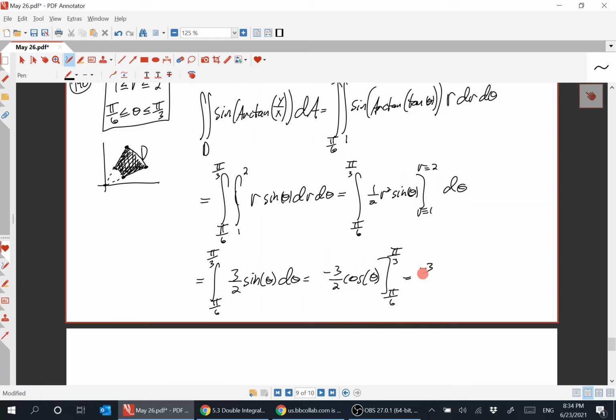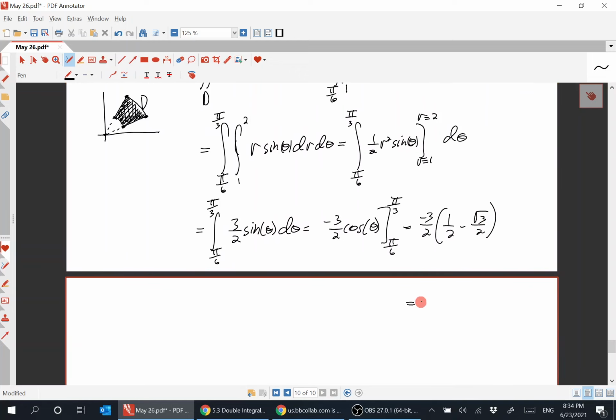So this is equal to minus 3/2 times, cosine of pi over 3 is 1/2, minus root 3 over 2. So this becomes 3 times root 3 minus 1, over 4. Okay, which is a positive number.